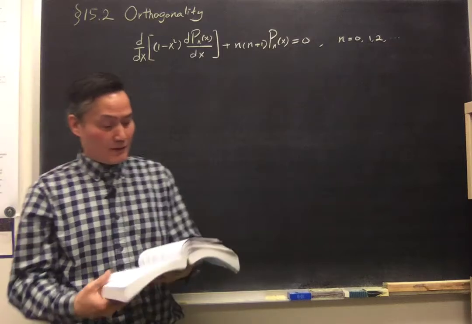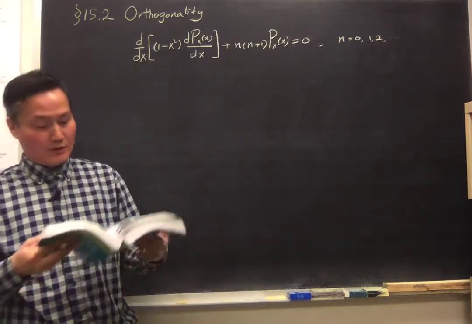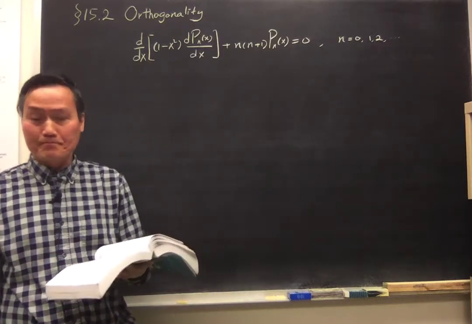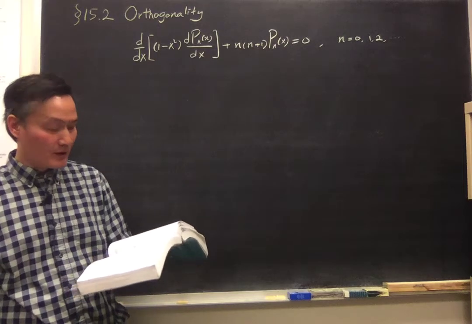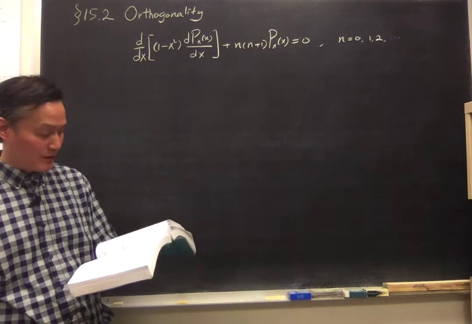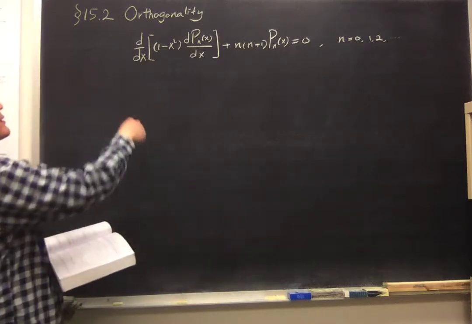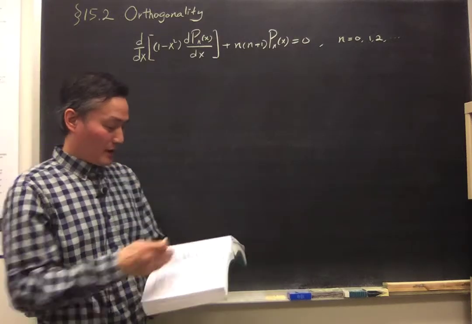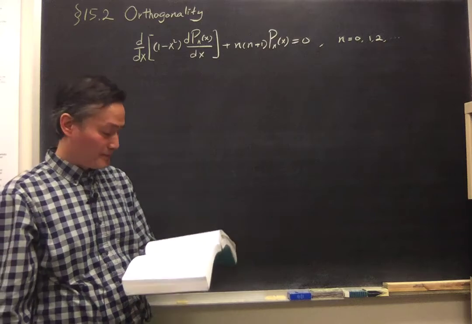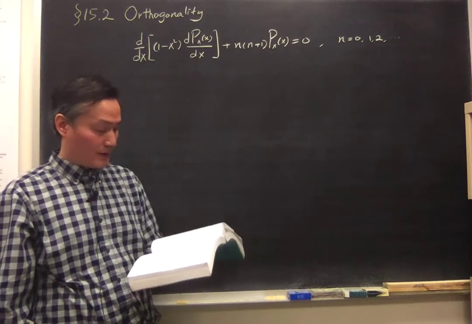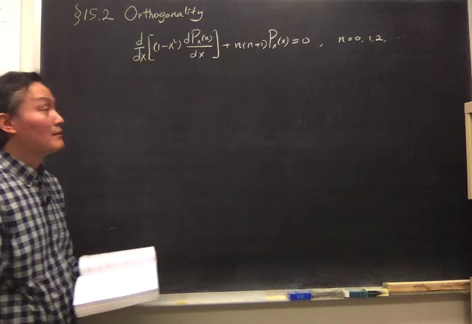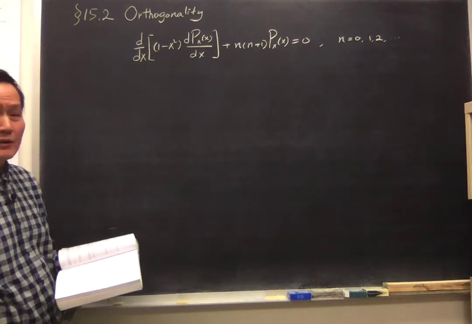Actually, we have seen in the general self-adjoint ODE that the eigenfunctions are orthogonal, but for this particular case, we can derive the fact that they are orthogonal again. The derivation is quite straightforward.